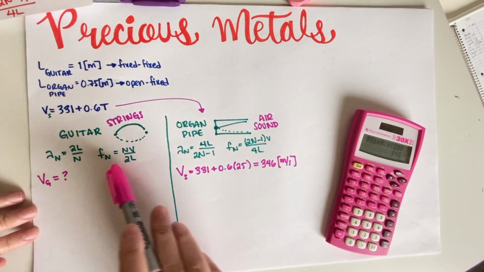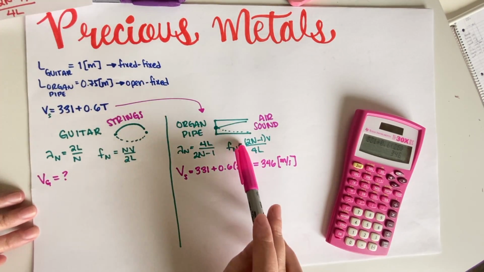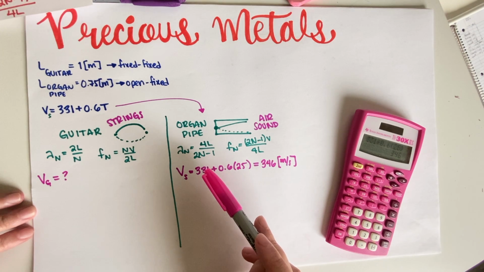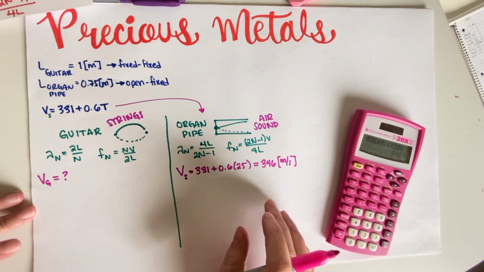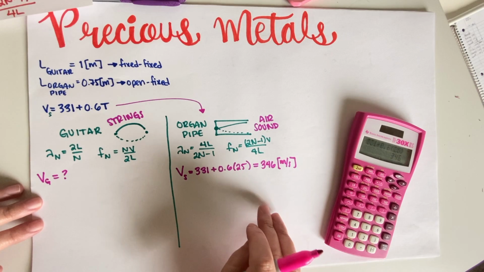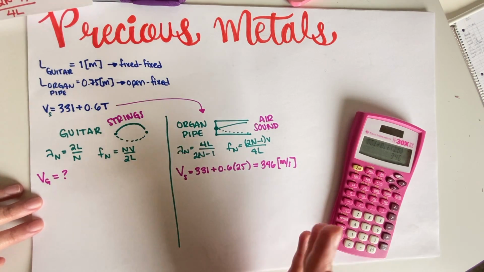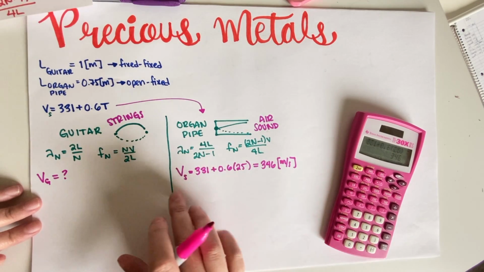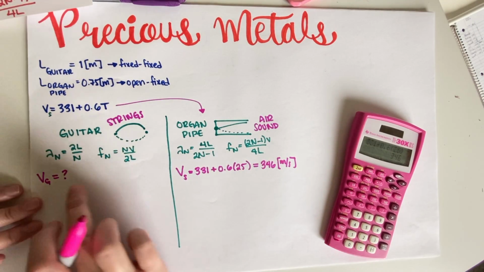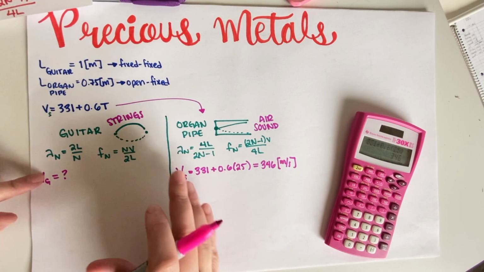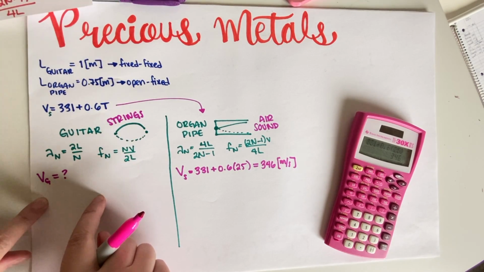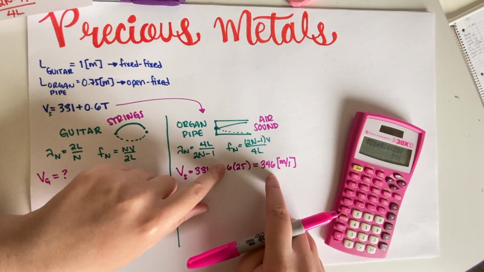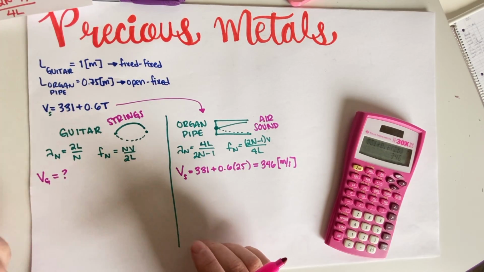I have my equations for my frequencies, and they are telling me that both of them need to be the same. Now, which frequency? The first one, the second one, third one, which one? It really doesn't matter so long as you're using the same n. Why? Because we're working with velocities, and even though this guy has its own medium and this guy has its own medium, velocity itself depends on the medium.